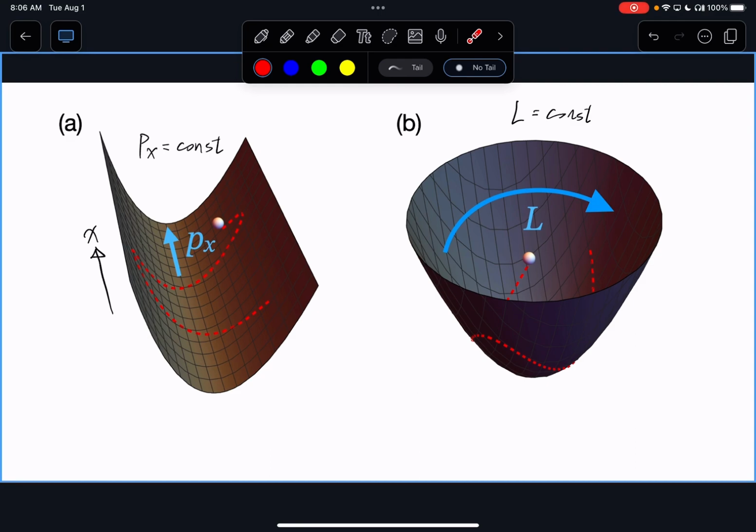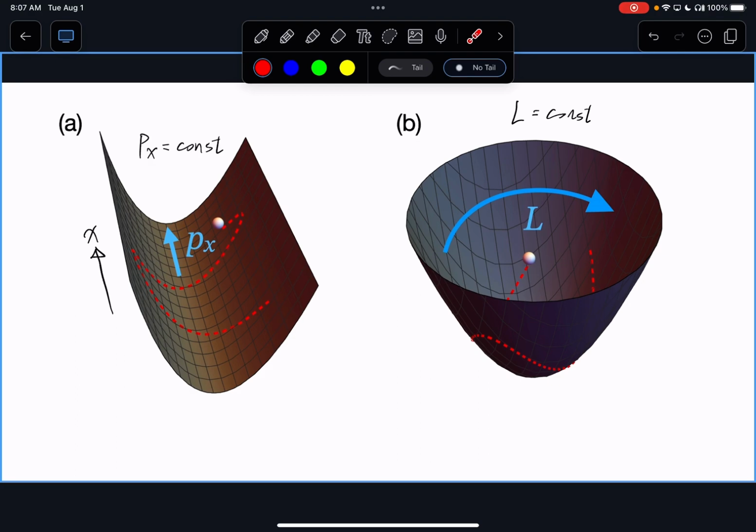If you stand at the bottom of the valley and look toward this direction, that direction, there, here, the valley looks the same in every direction. And if you rotate yourself, the valley looks the same. This is why the angular momentum of the ball is conserved. Okay?